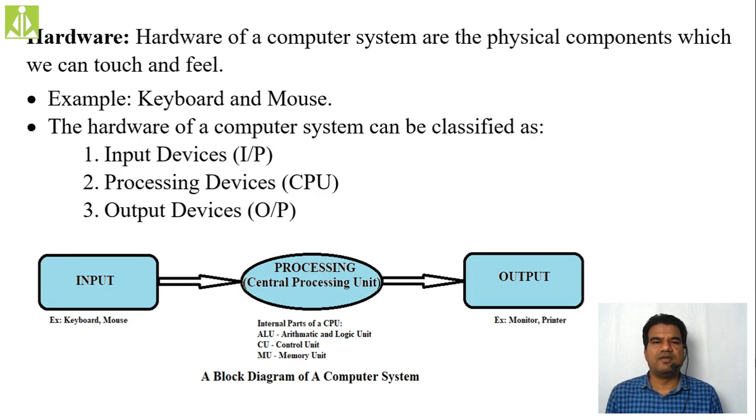First we go to hardware and see what it is. Hardware of a computer system are physical components which we can touch and feel. When you open the computer, the physical components which you can see with your eyes and which you can touch and sense, such components we call hardware of a computer.